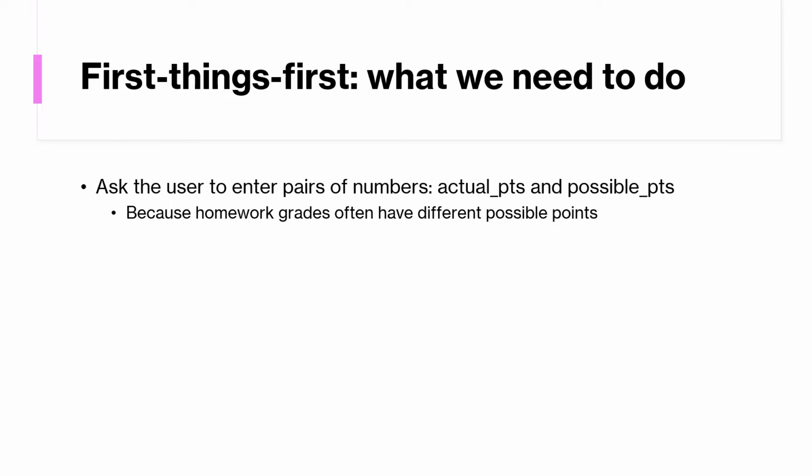I think I changed the name from actual points to score when I write the actual program here, but whatever. The point is there's the score they were given, and then there's the possible points that they could have earned on that homework. Because I don't know about your classes, but in my classes, homework grades often have different possible points. I don't feel like I need to make every homework grade worth 100 points.